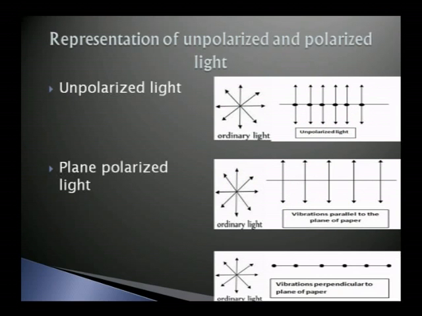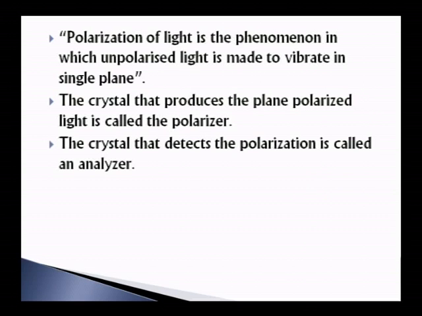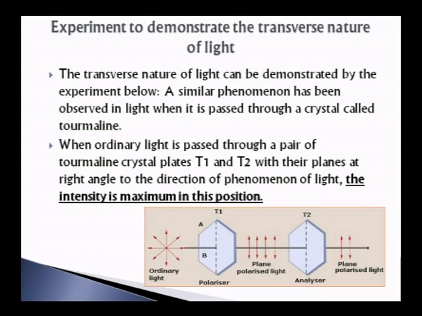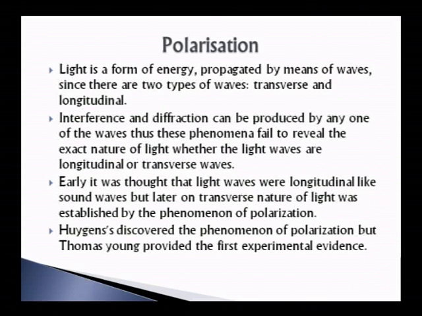Now let's come back to the phenomenon of polarization. As I told you, polarization is a very interesting phenomenon. It is actually a very complex process, and very difficult to understand. Now with the sketches, I have explained what is actually meant by polarization. As light is electromagnetic in nature, the plane of vibrations will be in all directions.